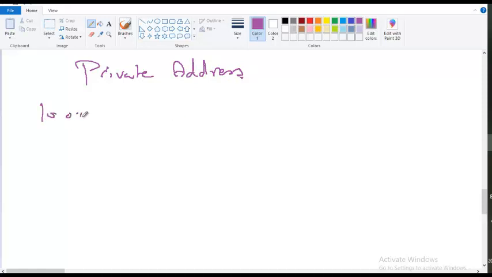Now the private range of addresses. 10.0.0.0 till 10.255.255.255 is a private IP address. This is a private IP address.